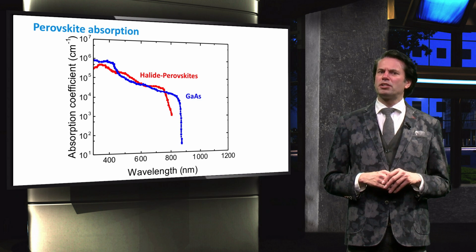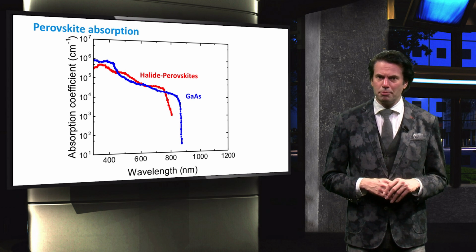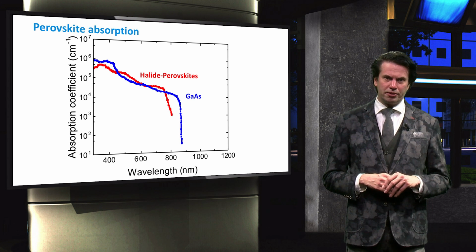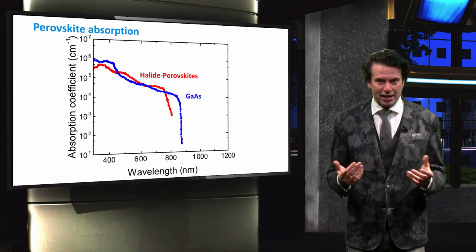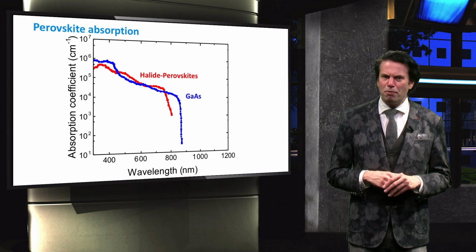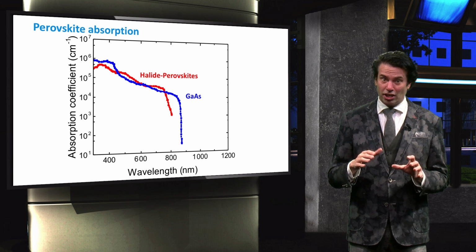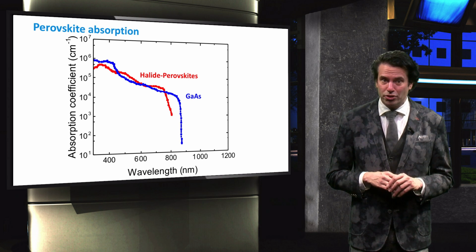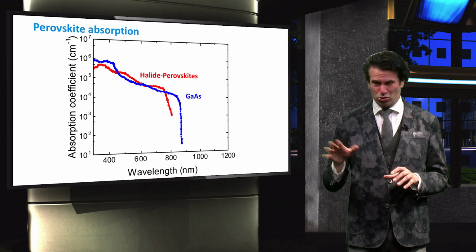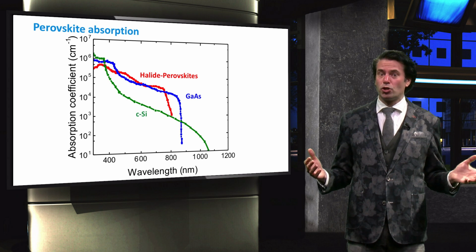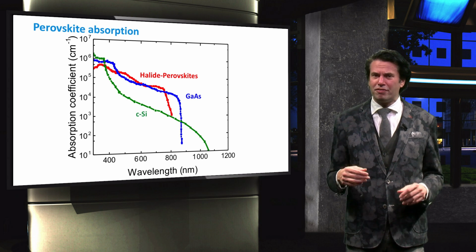Let's include the absorption characteristic of gallium arsenide. Gallium arsenide is a direct band gap material and therefore has a sharp band edge. We can see that the band edge of the perovskite is not that sharp, but methylammonium lead iodide is getting pretty close.